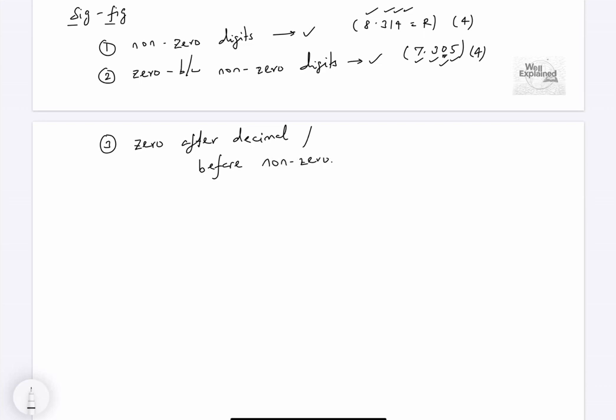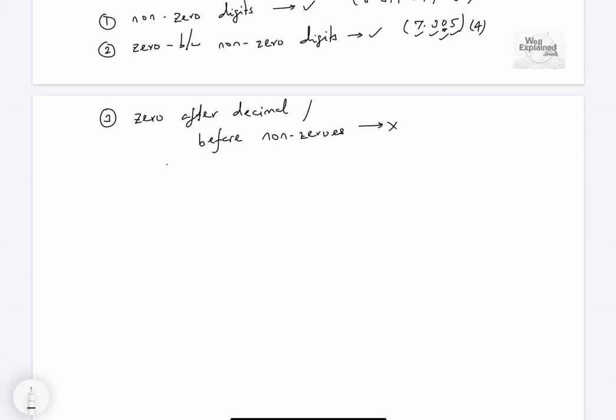Don't count them as significant figures. Well, instead of this very, very big definition, let's call this the orphan rule. Now I'll tell you how to apply it. It's a very, very easy rule. We just name it the orphan rule. So every time when we do problems, you just need to apply the orphan rule, right?